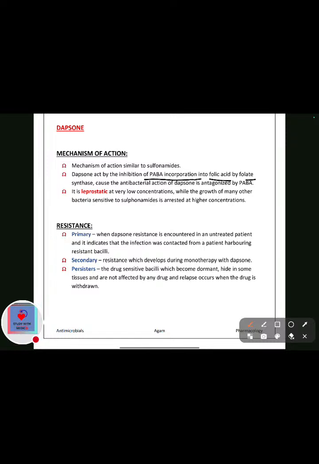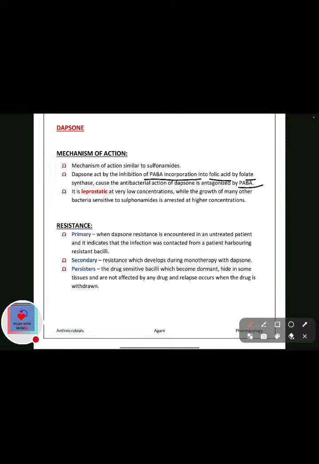This causes the antibacterial action of dapsone. But if you give PABA, what will happen? It is antagonized. It is leprostatic at very low concentration, while the growth of many other bacteria sensitive to sulfonamides is arrested at higher concentration.